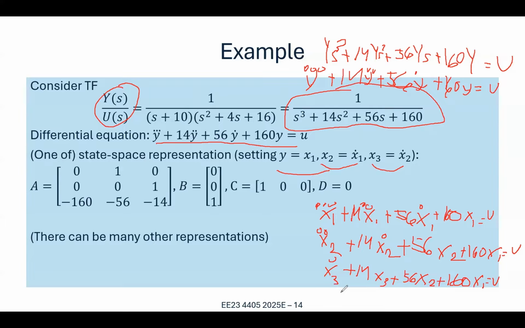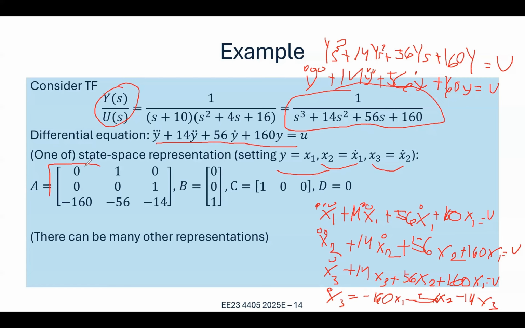So of course we can move things over: x3 dot is minus 160 x1 minus 56 x2 minus 14 x3. And the representation here is this.